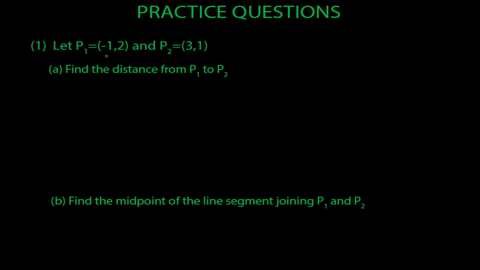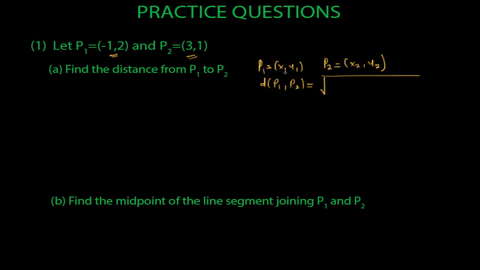It says, let P1 be the point with this coordinate and P2 be the point with this coordinate. Now we are told to find the distance from P1 to P2. Now you'd recall in one of the videos we have done so far that given a point P1 equals x1, y1, and a point P2 equals x2, y2, to find the distance between P1 and P2, it's the square root of the sum of two squares.